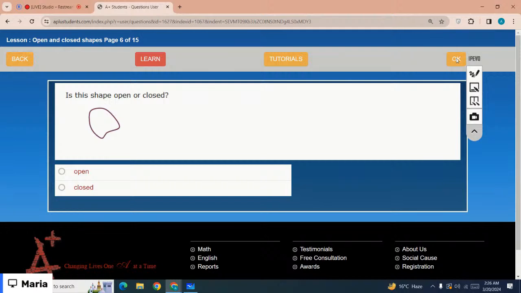Is this shape open or closed? The correct option is closed.